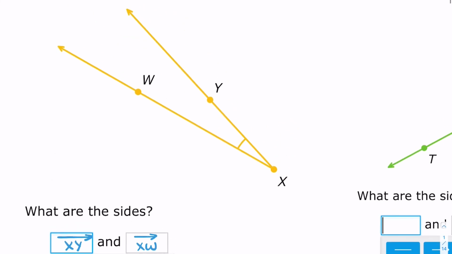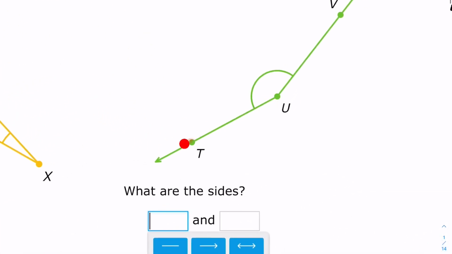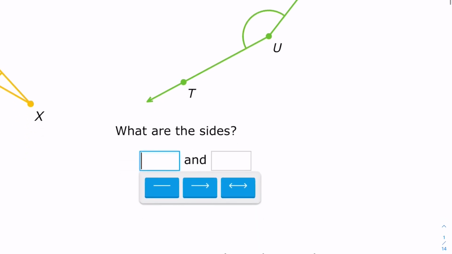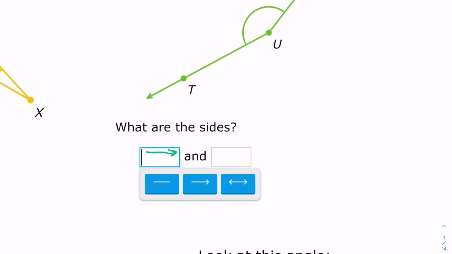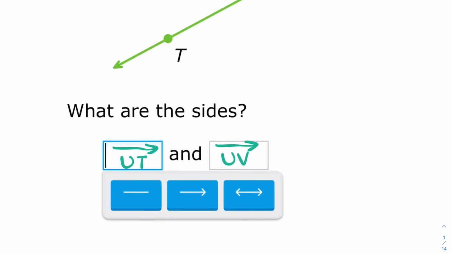It's the endpoint of the ray from X to Y and continuing on, and from X to W and continuing on. So the next one is UT and UV. Again, starting at my endpoint. So UT and UV, starting at my endpoint. My ray always goes left to right. That's why the only key I'll be allowed to work with is that one.